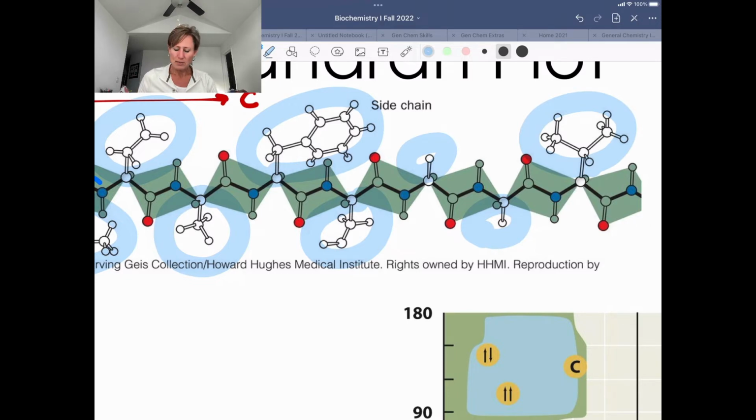So most peptides adopt what we call the trans conformation. Configurations like L or D when we're talking about stereochemistry have to do with things that are only interconvertible by breaking bonds. These are conformations, so we can obtain them by rotating bonds.